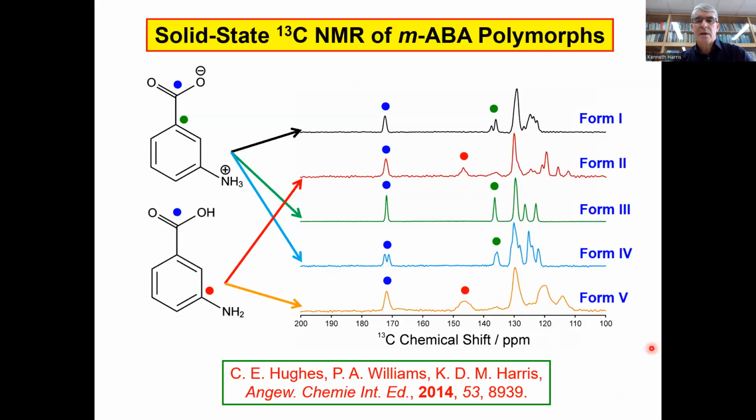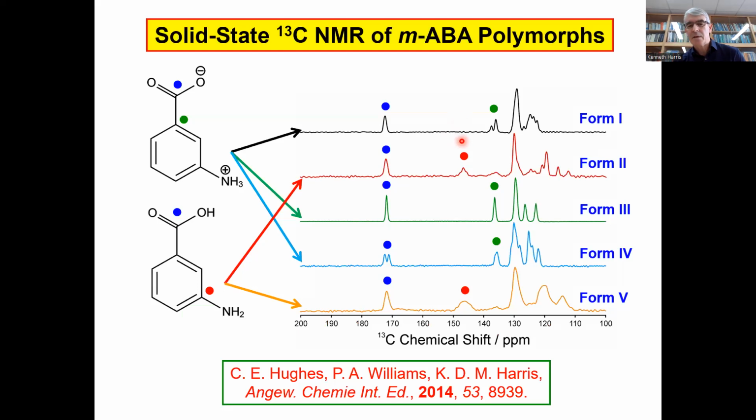So meta-aminobenzoic acid has 5 known polymorphs, and the carbon NMR spectra of the 5 solid phases are shown here. First of all, we note that 3 of the polymorphs contain the zwitterionic form of the molecule, and 2 of them contain the non-zwitterion, as shown here.